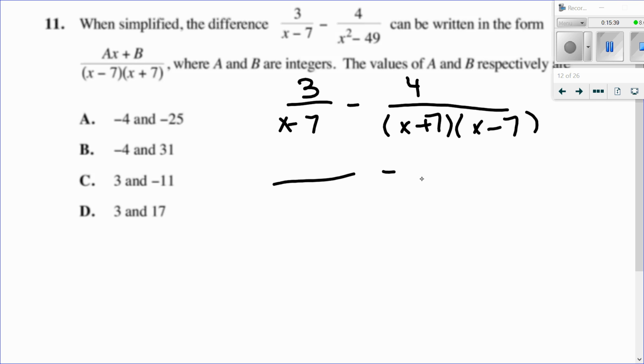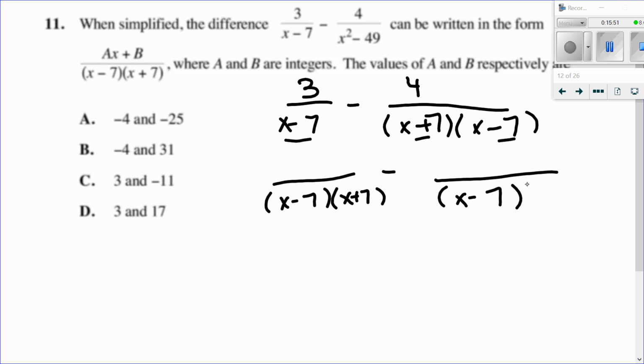And now my denominators are the same. So I need a factor of x minus 7 in each. And that covers this one too. I also need a factor of x plus 7. Good. So comparing the first fraction, I'm missing a factor of x plus 7. So I will multiply the numerator and denominator by x plus 7 to get 3x plus 21.